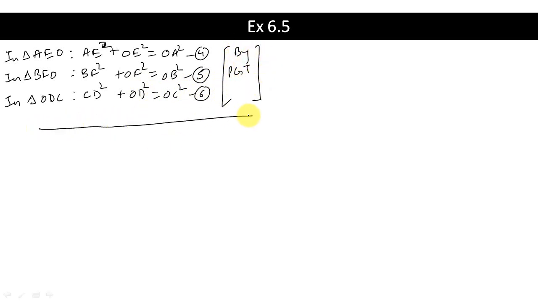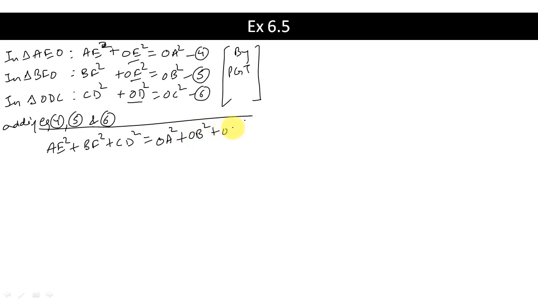Again, we'll add the 3 equations, adding equation 4, 5 and 6. So we'll get AE square plus BF square plus CD square will be equal to, this OD square, OF square, OE square will move to the right hand side and we'll get OA square plus OB square plus OC square minus OD square minus OE square minus OF square.